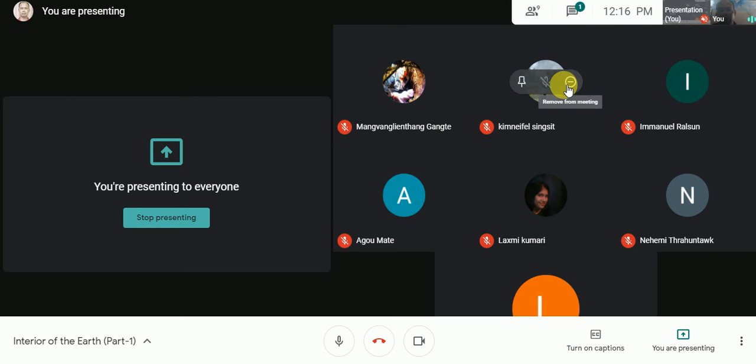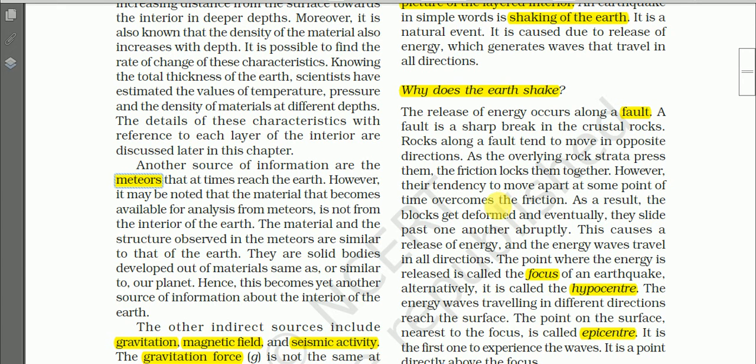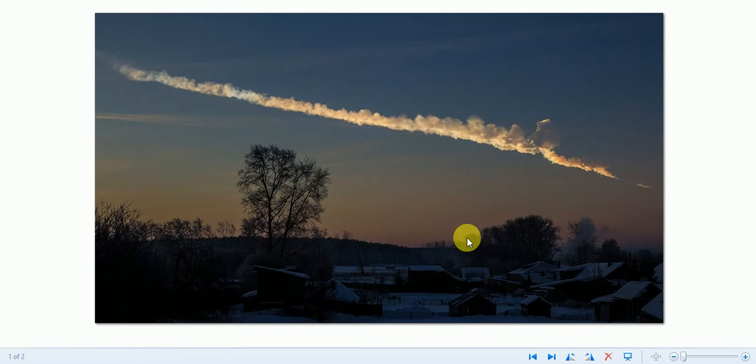What are meteors? See, I will show you one picture. This is a meteor, an object flying in the sky.